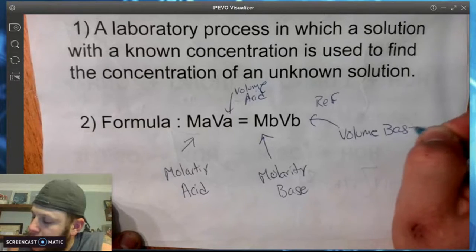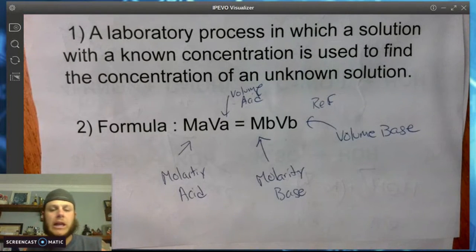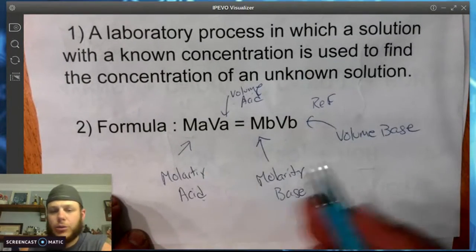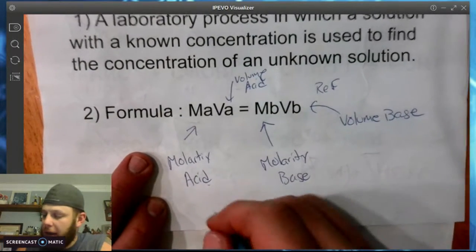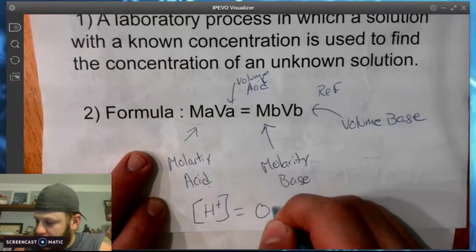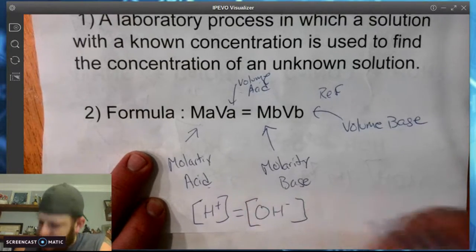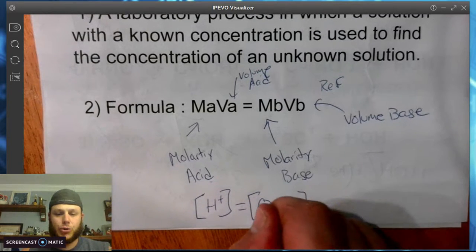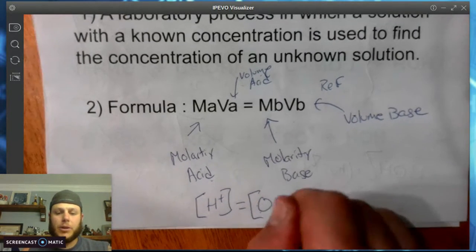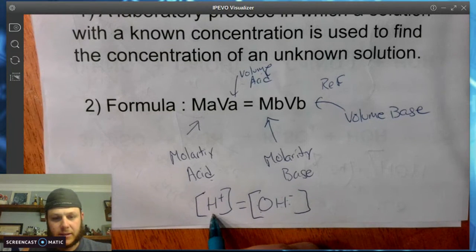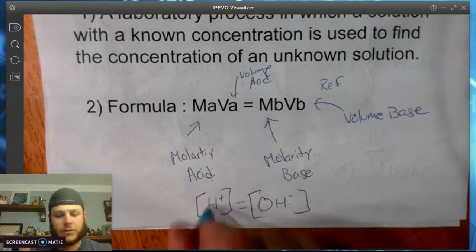The reason this works is that when something is neutralized, the concentration of OH minus equals the concentration of H plus. That's what titration is really trying to find: how much base did it take to neutralize the acid? By doing so, I can find out how much acid there is.